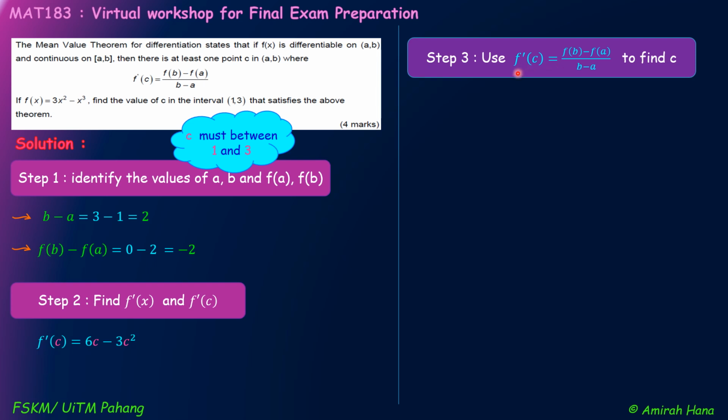So we replace f'(c) equals 6c minus 3c squared, equals f(b) minus f(a), which is negative 2, over b minus a, which is 2. Then we put them here.